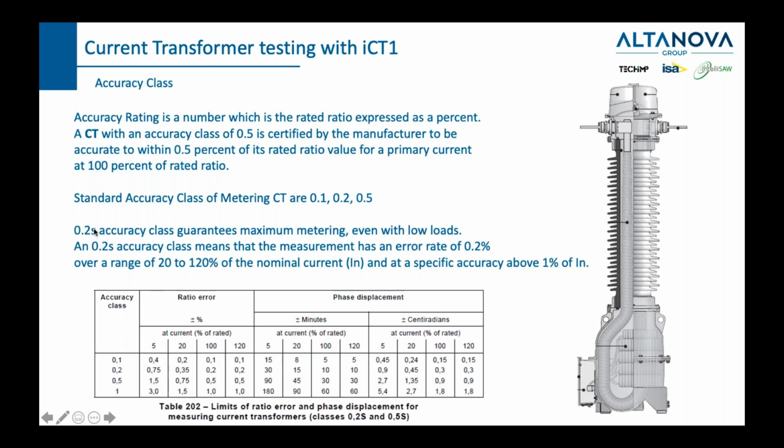If we have an S type, we can go even with a much smaller current, and it will be as it would be for 100% for loads from 20 to 120%. So for an S type, you could see basically here 0.2S would have 0.2 here and 0.2 here and here. So this would be our accuracy class.